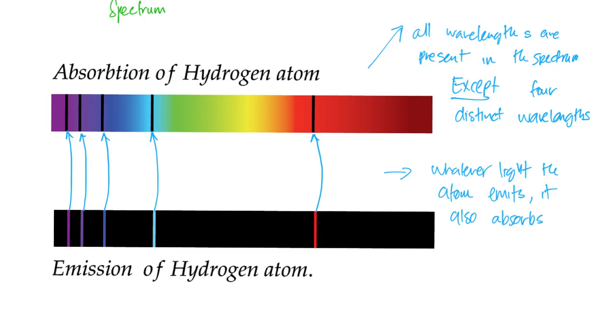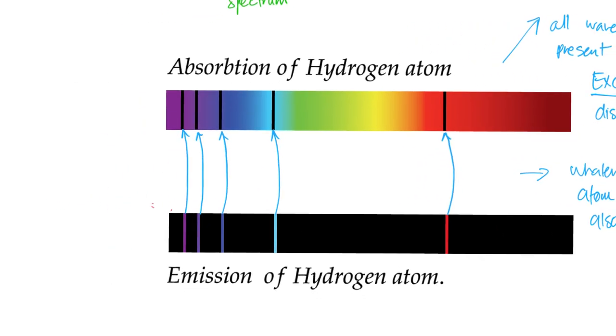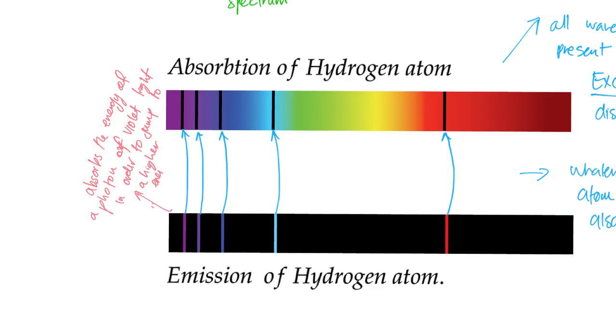You've got your white light, it passes through the cold gas, then your hydrogen atom, let's say for violet, it absorbs the energy of a photon of violet light in order to jump to a higher energy level.